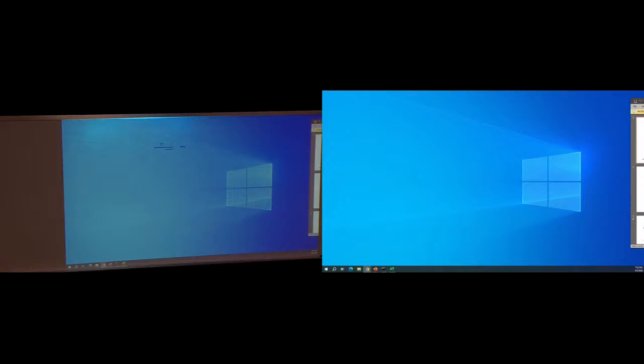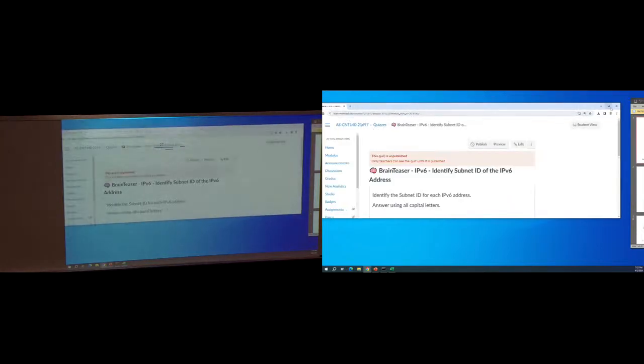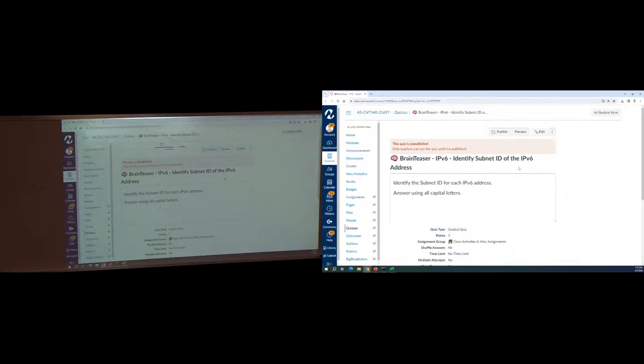Okay. And we're going to do one more. Okay. Now this one is we want to identify the subnet ID within the IPv6 address.